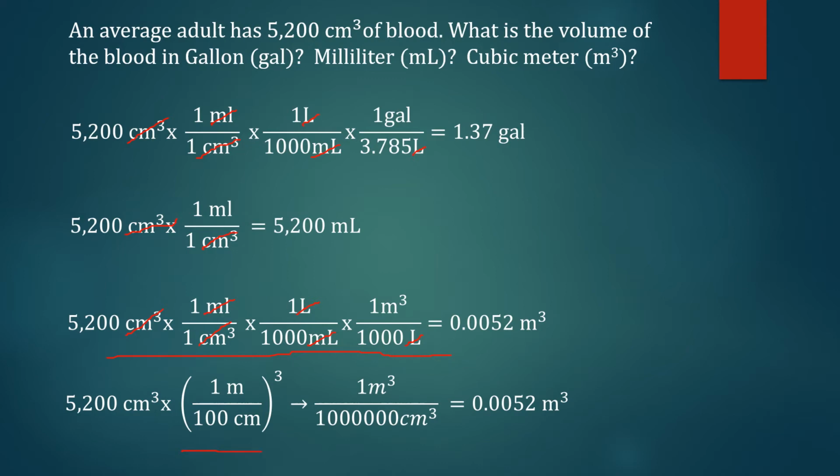Since we have cubed this conversion factor, 1 meter over 100 centimeter cube will be equal to 1 meter cube over 1 million centimeter cube. So you'll just solve this and this, and that's it. We will get the same answer. Okay?